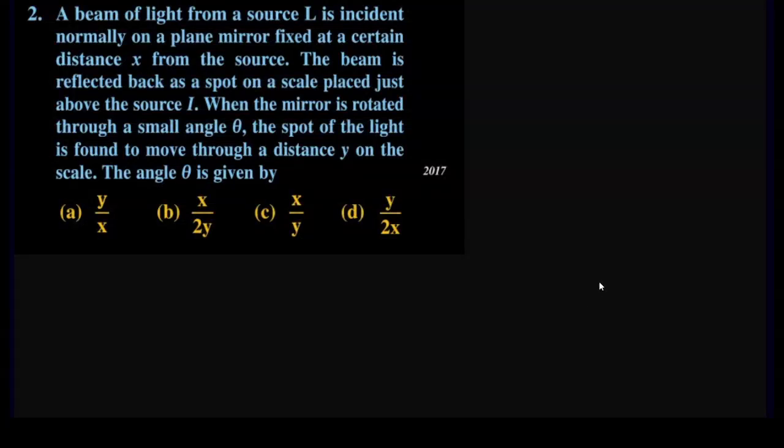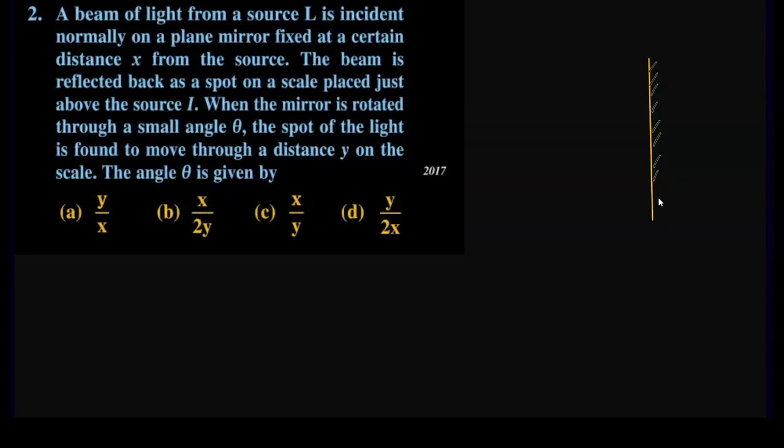So a beam of light source is incident normally on a plane mirror at a certain distance x from the center. Let us say this is a plane mirror, which is fixed like this.